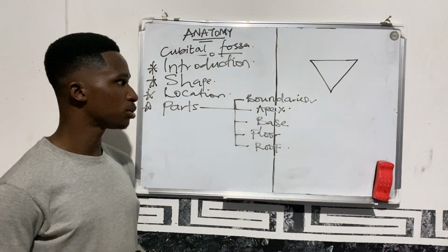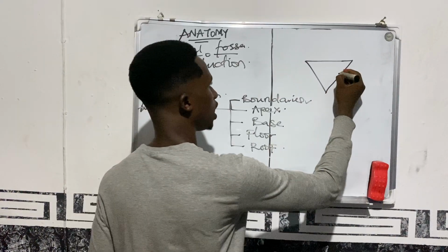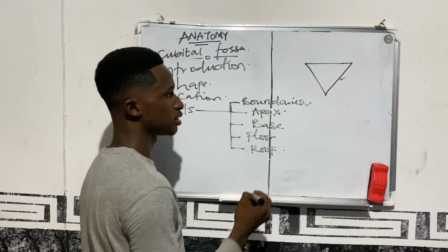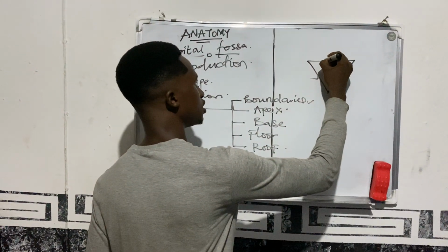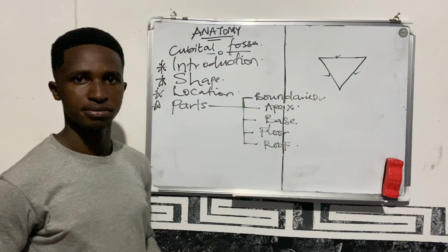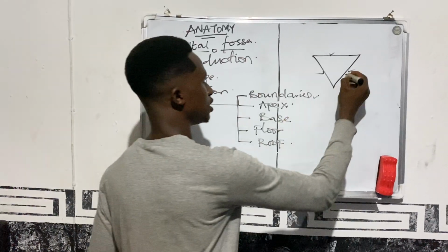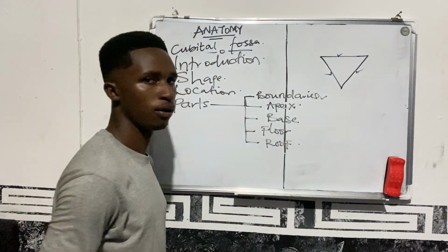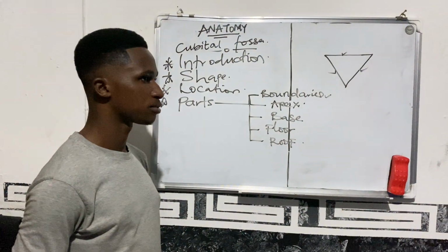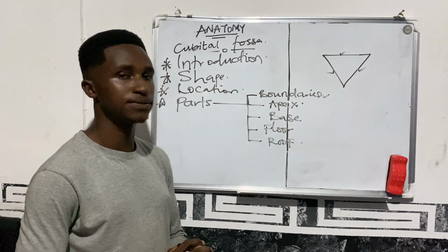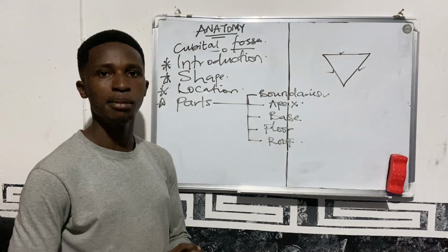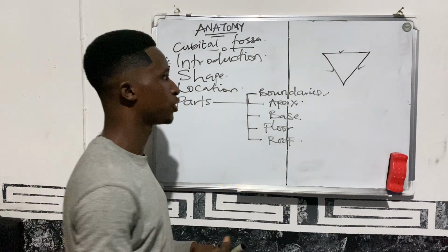The boundaries of the cubital fossa include one, the lateral boundary, two, the medial boundary, and three, the superior boundary. The lateral boundary is formed by the medial border of the brachioradialis muscle.